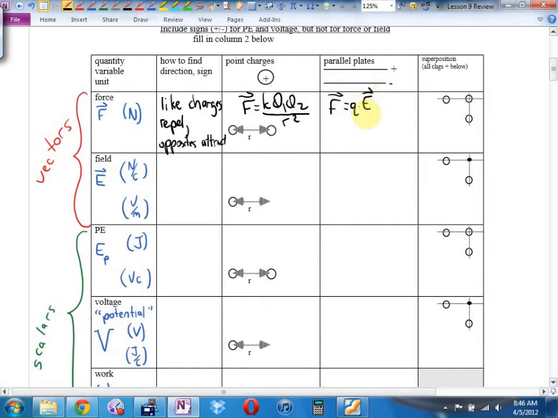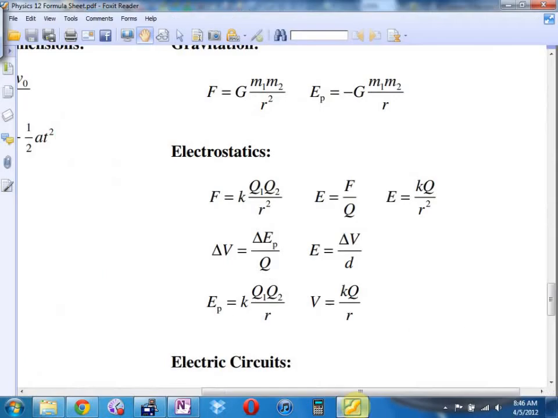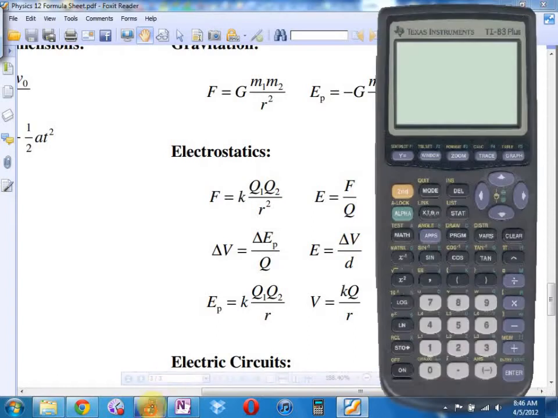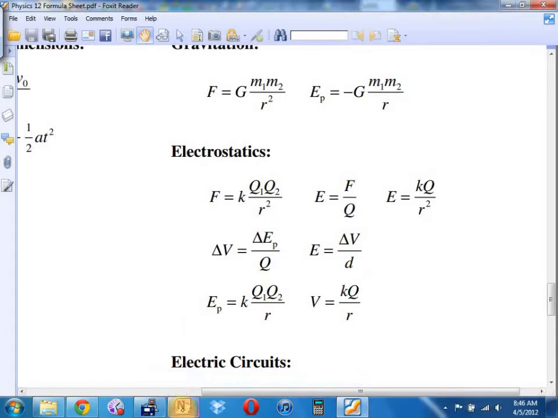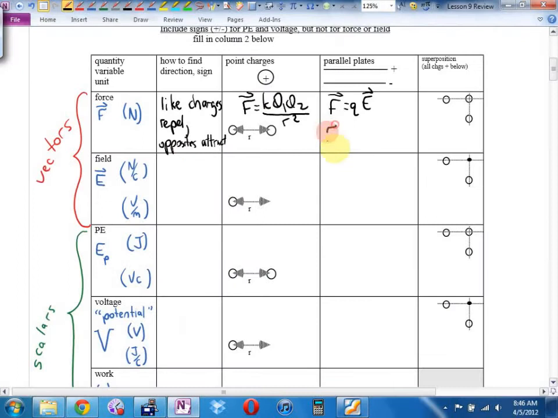And by the way, if you're between parallel plates, what's the electric field between parallel plates? Not that, because that's for point charges. What was the electric field between parallel plates? This one. Look, we really said this.